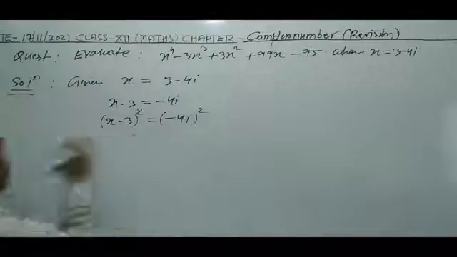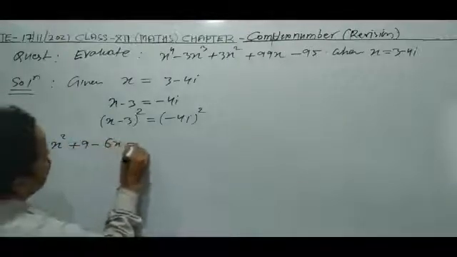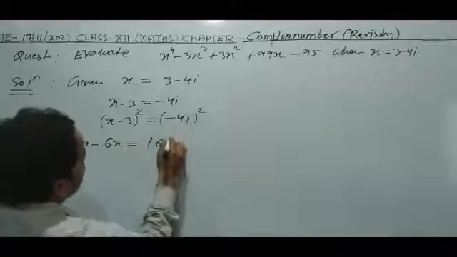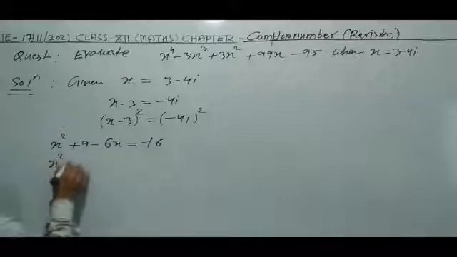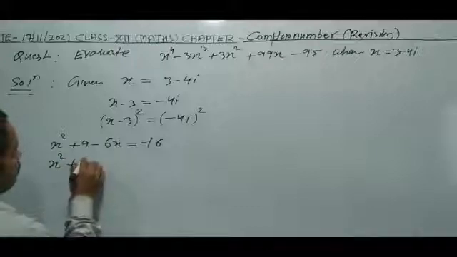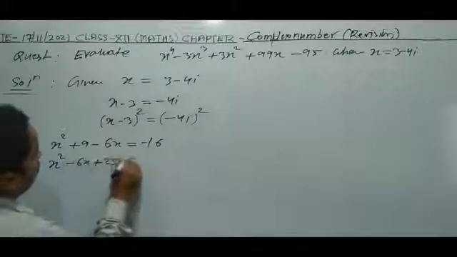What will we get as the result? x square plus 9 minus 6x is equal to 16 i square, which means minus 16. And the result will be x square minus 6x plus 25 is equal to 0.